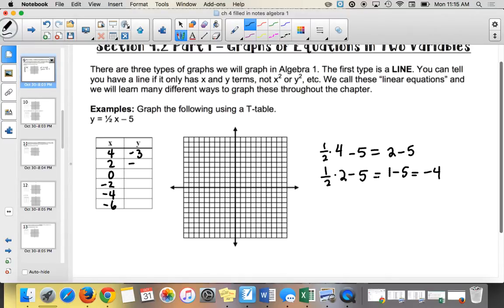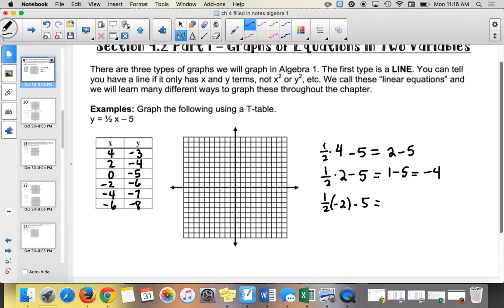What do I get when I plug in 0? Xavier, what do I get when I plug in 0? Brian, what do I get when I plug in -2? 1/2 of -2 minus 5 is -6. Do we see a pattern? -7, -8. So I have 4, -3.